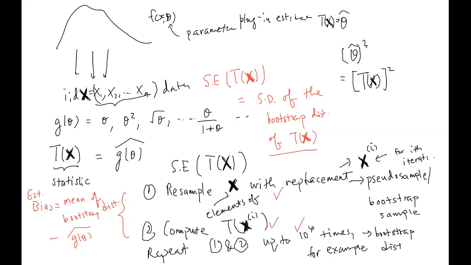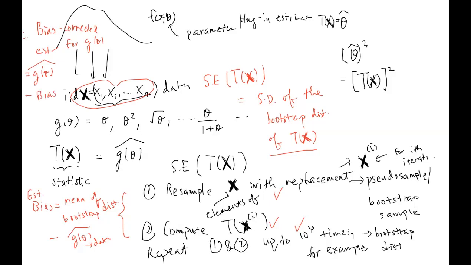So from this part, you have the data, you estimate it. So the bias is you take the mean of the bootstrap distribution and subtract this value. And therefore your bias-corrected estimator for G of theta is equal to G of theta hat minus the bias.